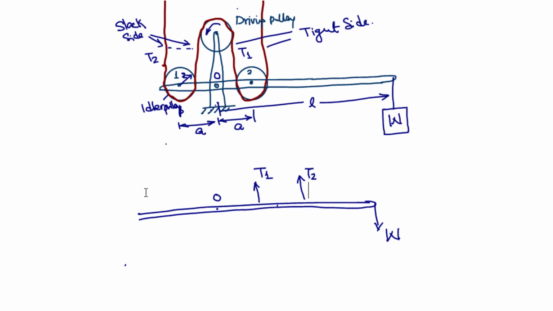The tensions are replaced by 2T1. This T1 and T1, T1 plus T1 equal to 2T1, which acts at the center of pulley 2.